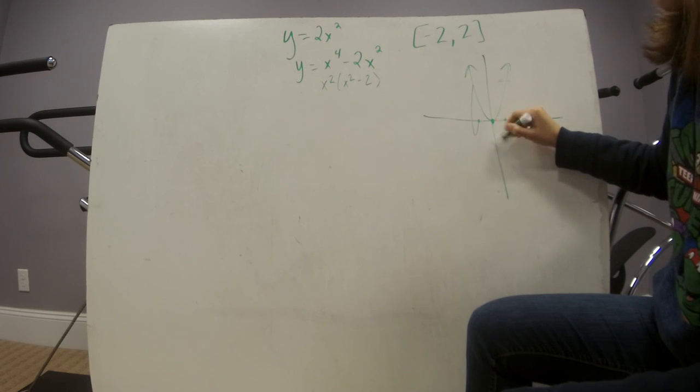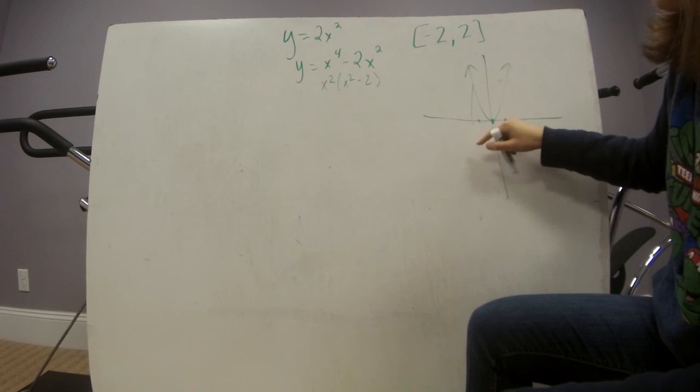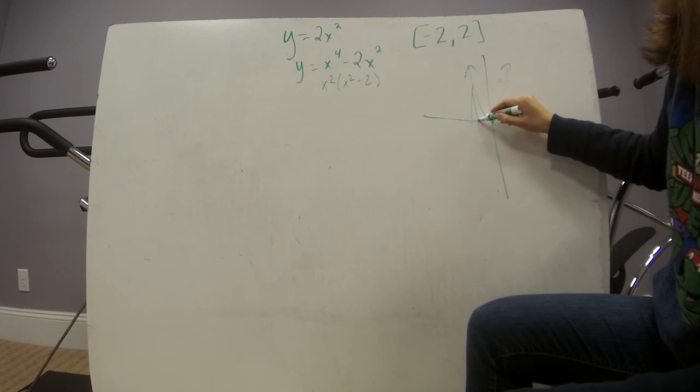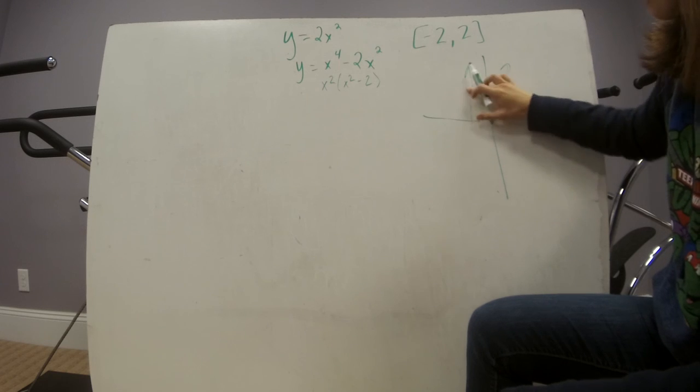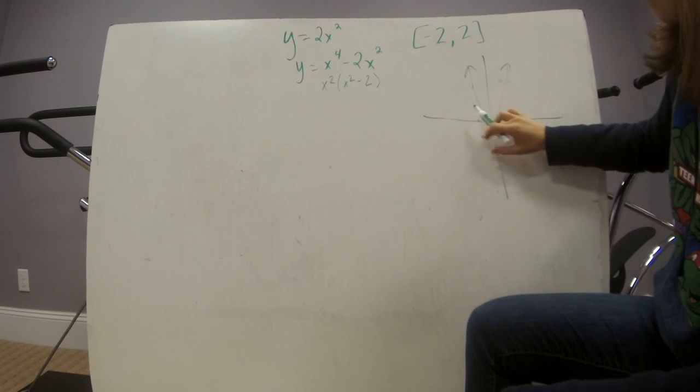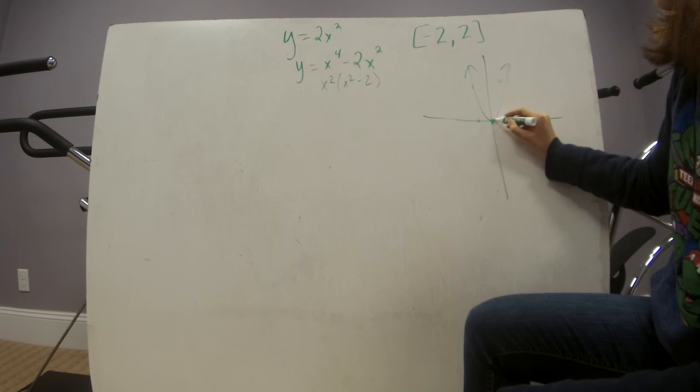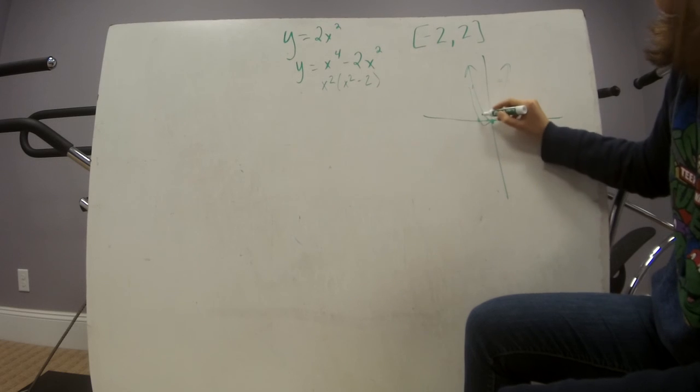Well, no. Maybe it goes like this. Does it open downward? I might have to look and see what this one looks like, because it definitely hits here and levels off, unless it does something like this.